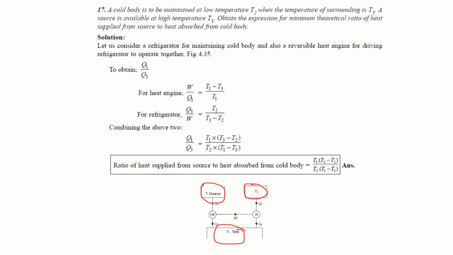Okay, then I have a heat engine, reject the heat, produce the work, operate the refrigerator to keep this temperature low. Obtain the expression for minimum theoretical ratio of heat supplied from a source to heat absorbed from the cold body.